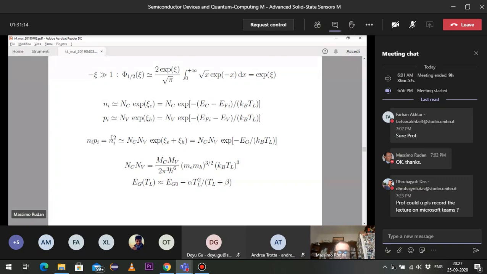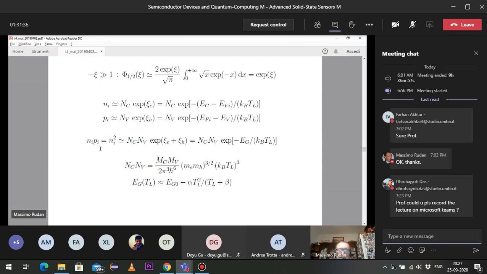So eventually, we have an easy expression for Ni or Ni squared, okay? This easy expression is this, okay? And if we take the square root, we can calculate Ni, okay?